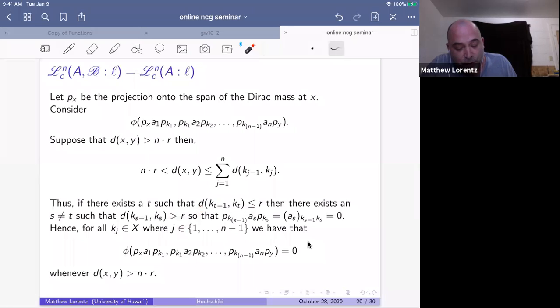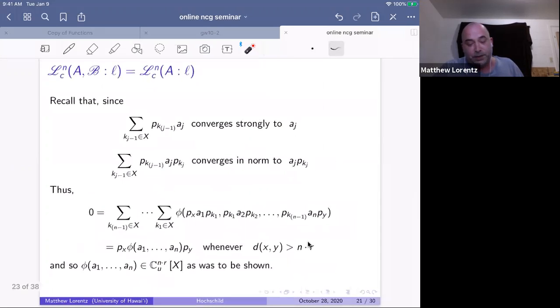So that when we surround it by this P_{k_{s-1}} and P_{k_s} around the a_s, well, that's the matrix entry of a_s, and so that has to be 0. So for all of these k_j and x, if the distance between x and y is greater than n times r, this whole thing is going to be 0.